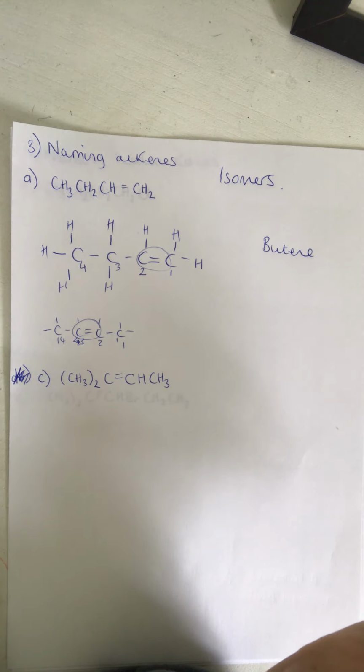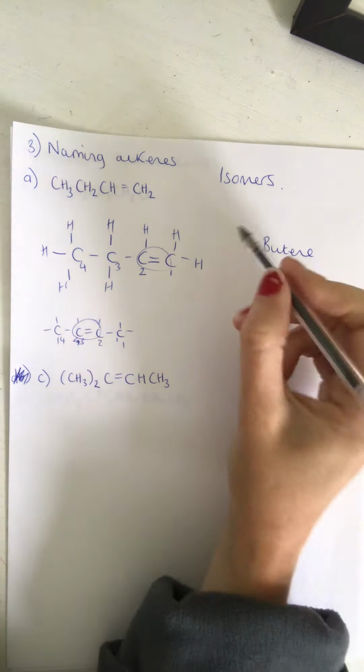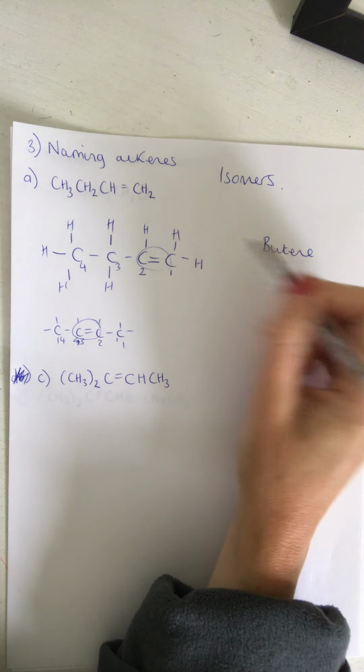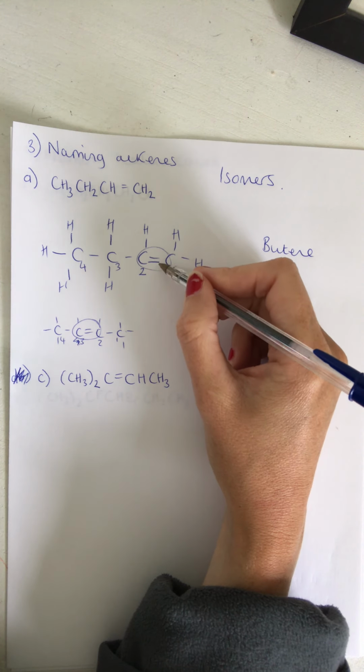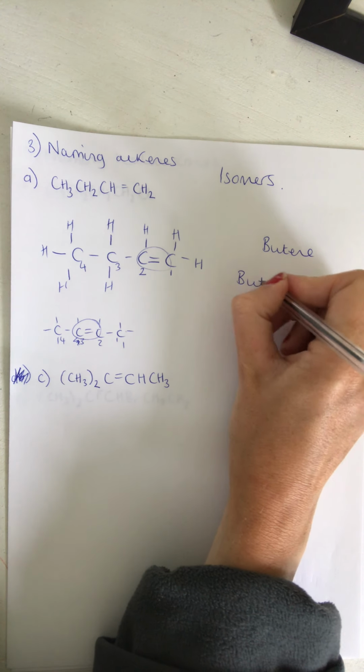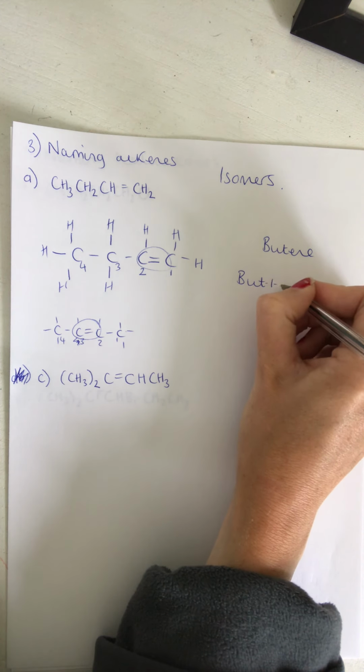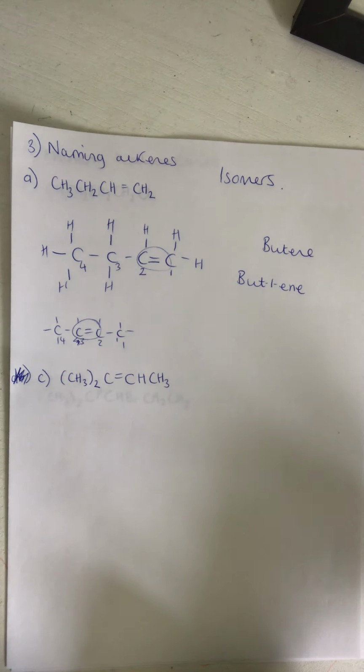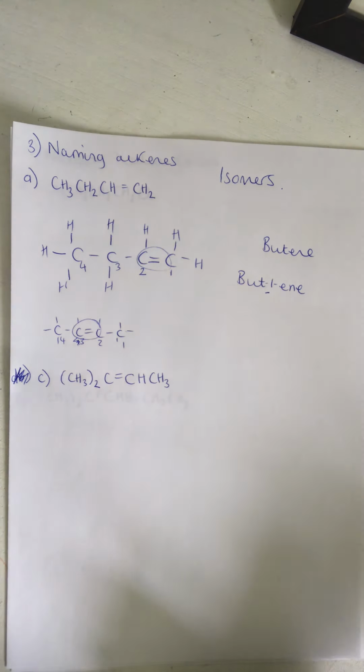For that reason, that will give rise to slightly different physical properties. So it's important that we indicate where that double bond is. So that would be therefore but-1-ene. And that tells us that the double bond is on carbon 1.